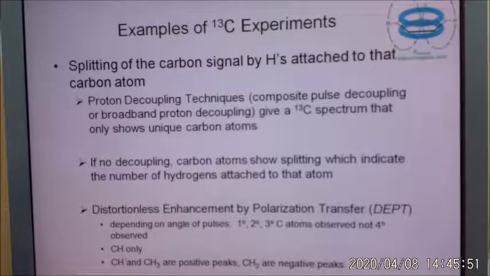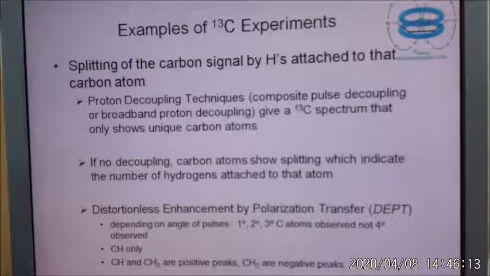Okay? Now, there's another experiment called the DEPT experiment, distortionless enhancement by polarization transfer. It's a big mouthful. What happens is you do your pulse to get your signal, and then you pulse it again, depending on the angle of the second pulse, to get the polarization transfer.